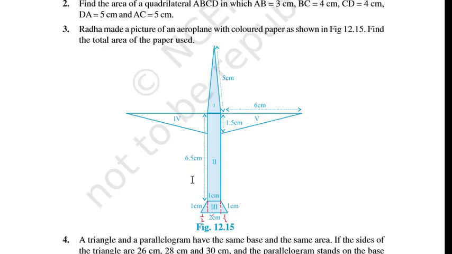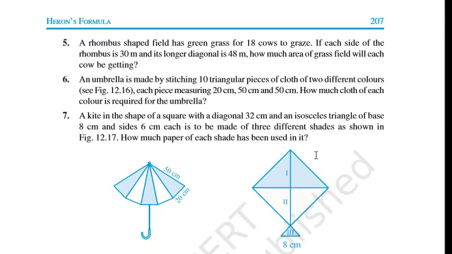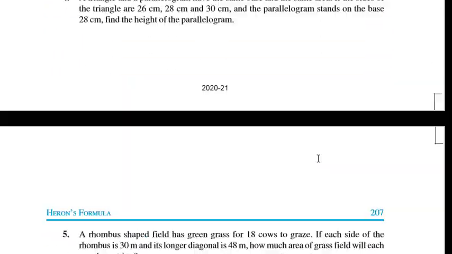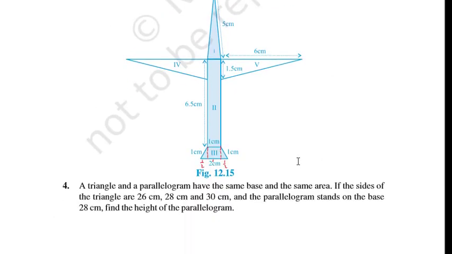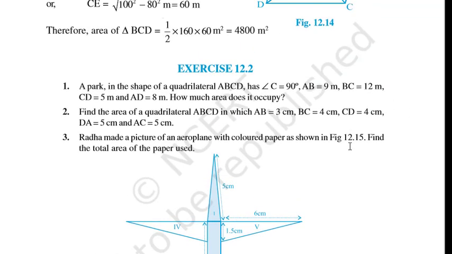So this third problem, what I suggest is that you try to solve it first, and then check your solution with me in our next class. So in this class we will stop here.